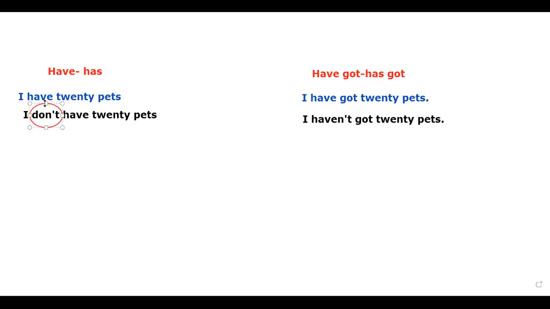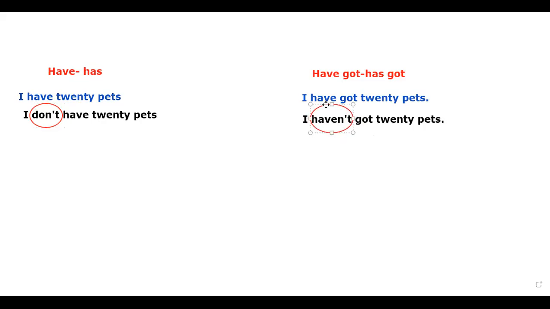In negative, haven't. Here, in this case, it is present perfect in form, but here it doesn't mean yo he obtenido. No, it means yo tengo. Okay. In this case it means yo tengo. Here it doesn't mean yo he obtenido.